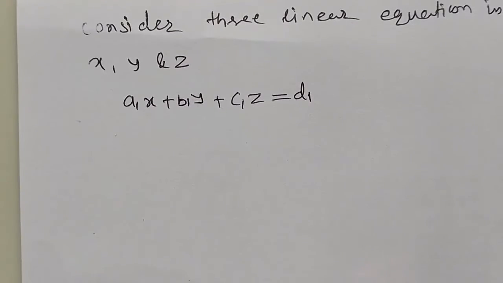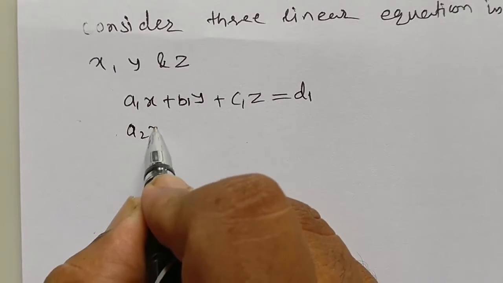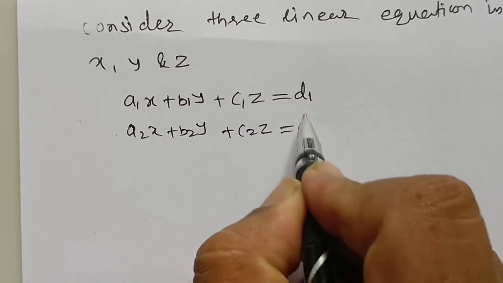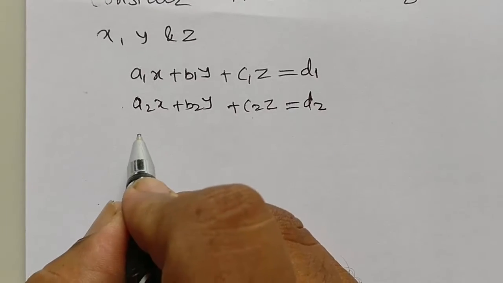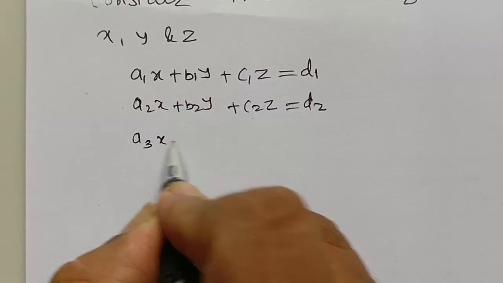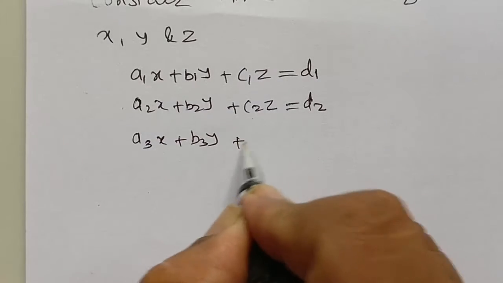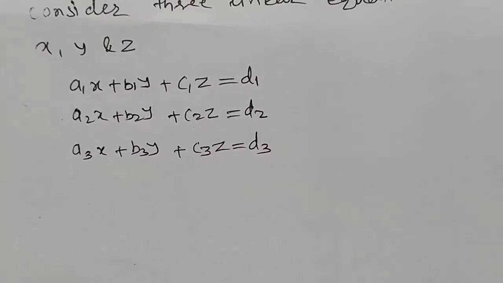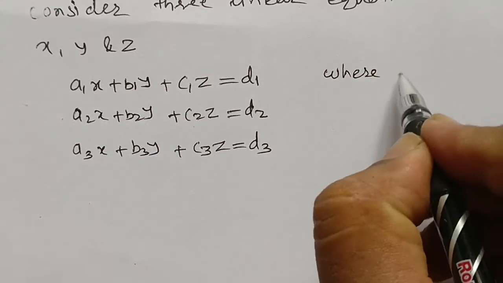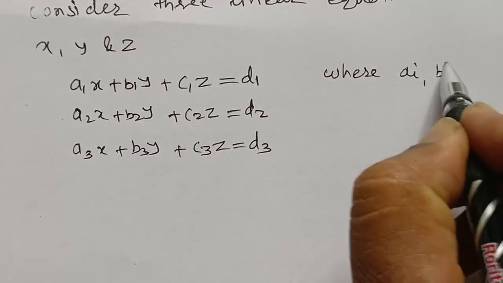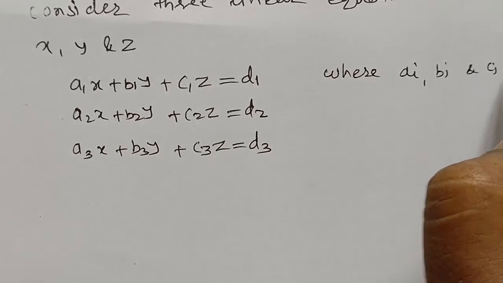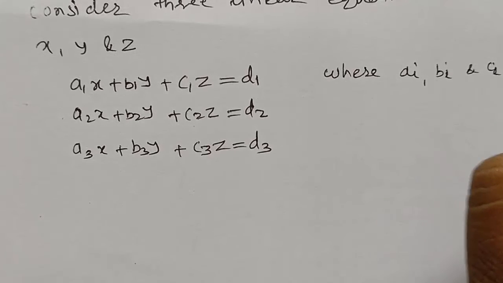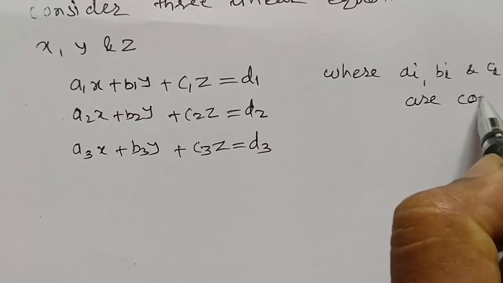This is the first linear equation. Then a2x plus b2y plus c2z is equal to d2. Third, a3x plus b3y plus c3z is equal to d3, where ai, bi, ci and di are constants.